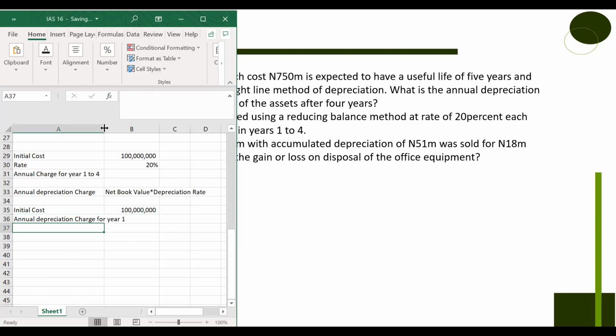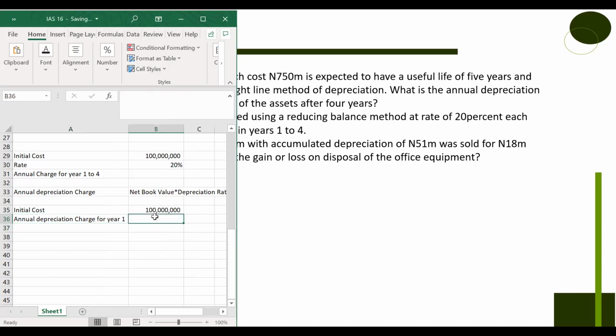What will you get as your answer? 100 million times 20%. That will give us what? 20 million. It will be a negative value, so let's put negative in front.